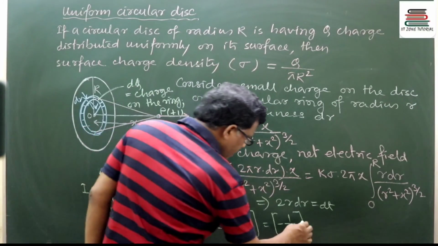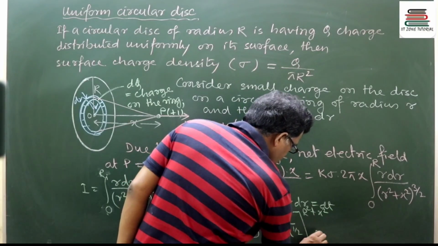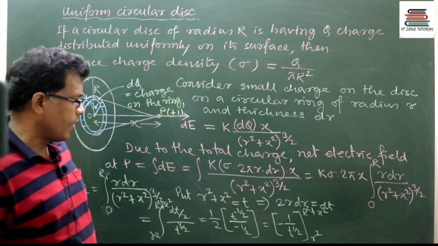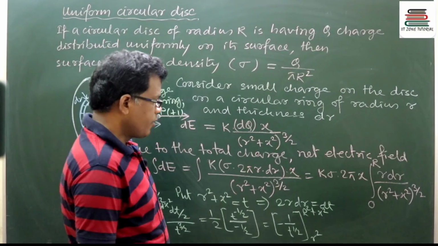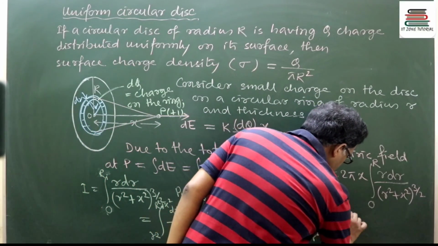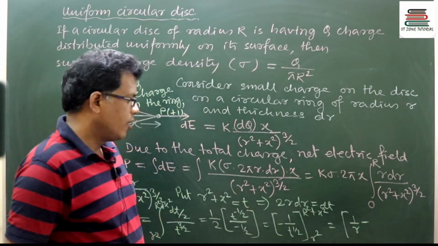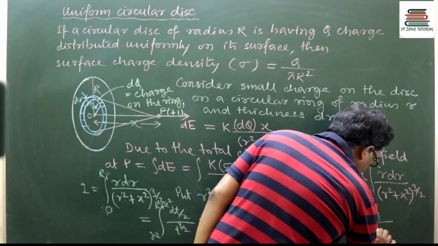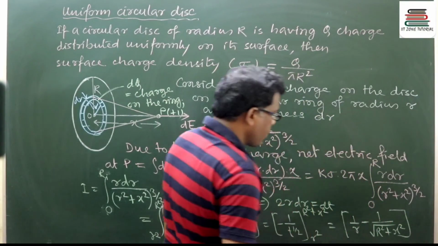Then you can write upper limit minus lower limit. So instead of t, when you write r square, it will be 1 by root under small r square plus x square, minus 1 by root under capital R square plus x square. This will be the result of the integration part.